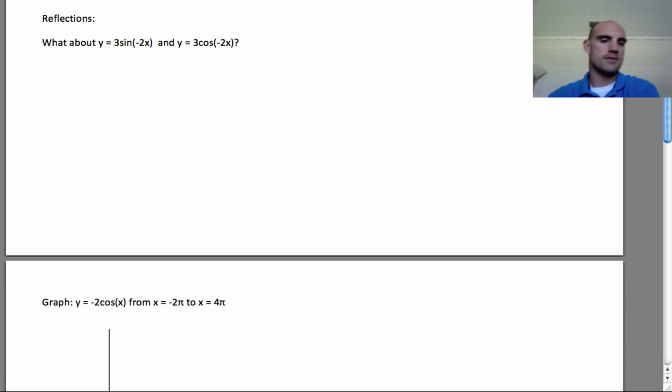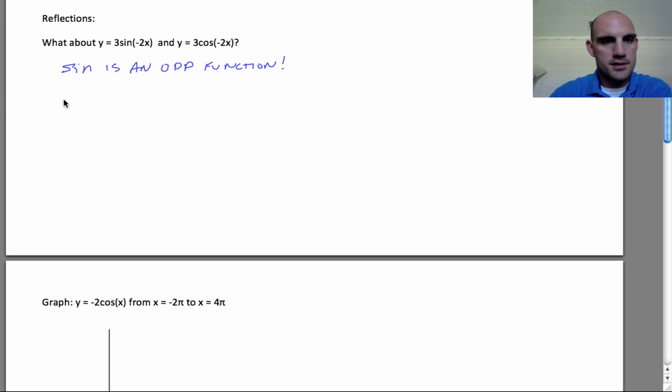Now, sometimes we'll get a negative value, and they'll give us something where they'll say 3 sine of -2x. Well, we remember that sine is an odd function, and so sine of -2x allows us to say that that's equal to negative sine of 2x.